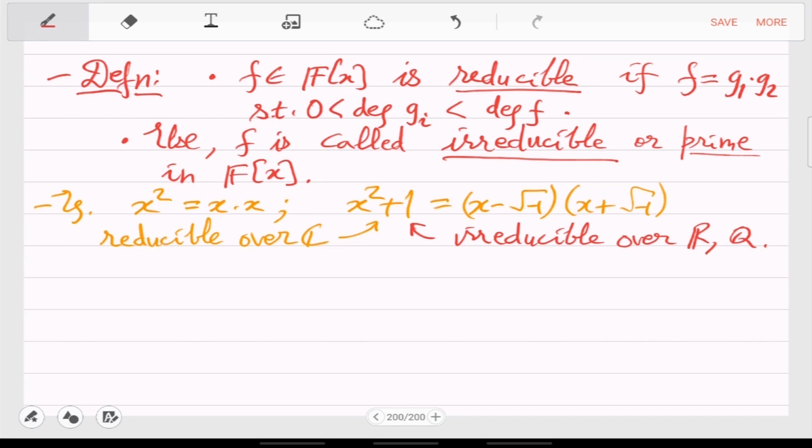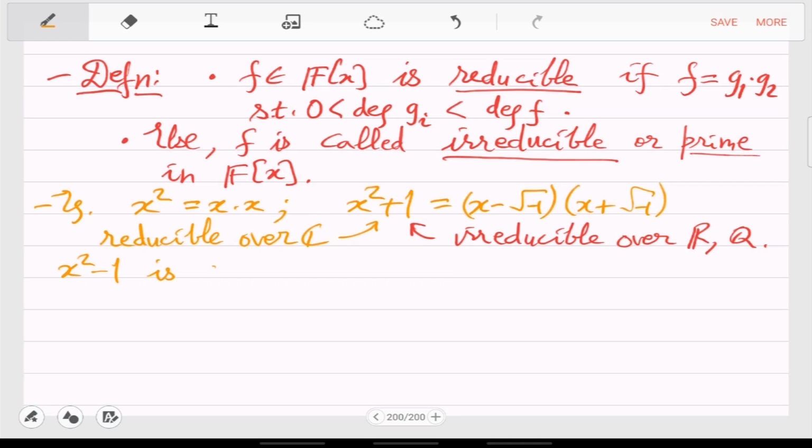This is what much of algebra tries to study. As you go to different fields, what happens? Okay, and what about x square minus 1? This always factors, right?